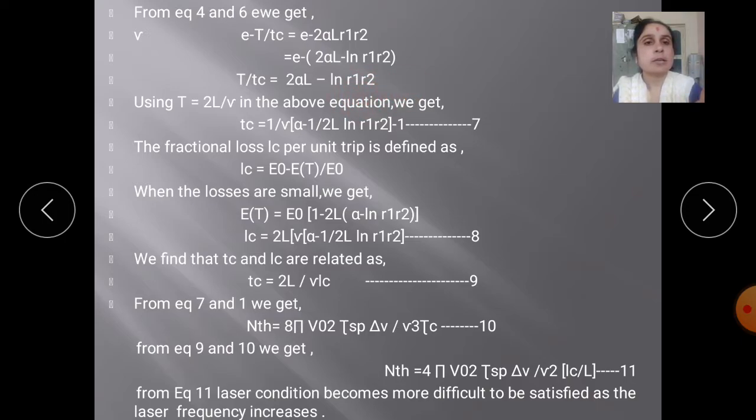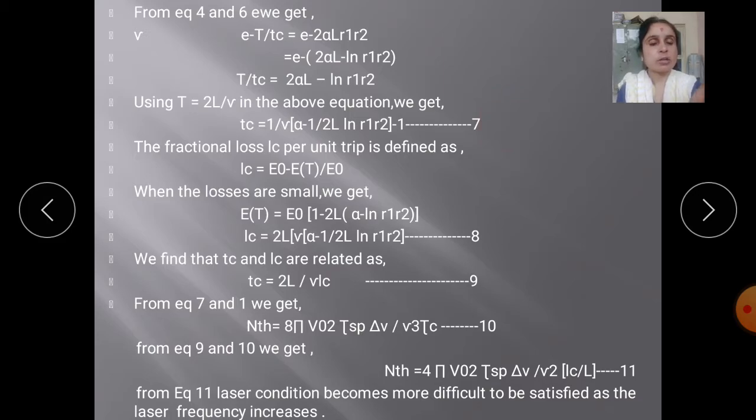Since capital T is equal to 2L by v, replacing T we get Tc equal to 1 by v times alpha minus 1 by 2L ln of R1 R2 minus 1. This is equation 7.